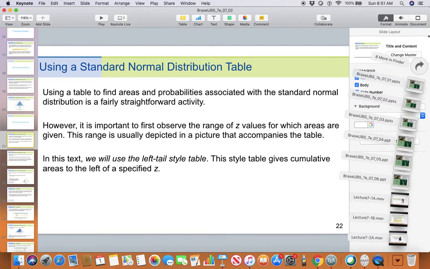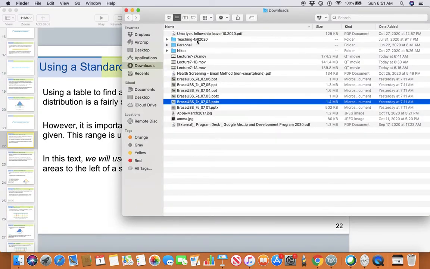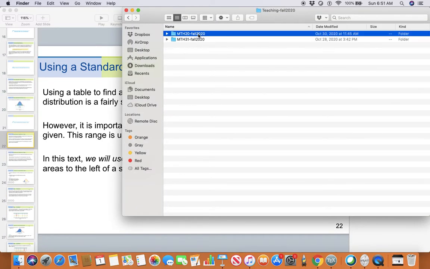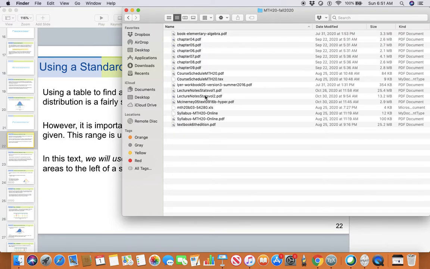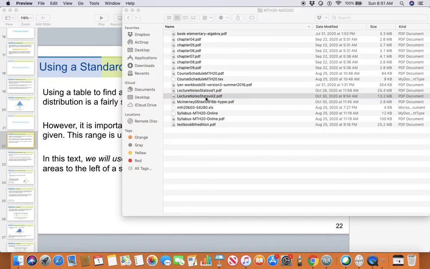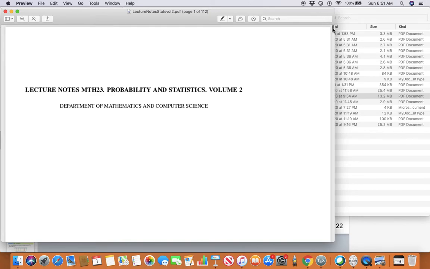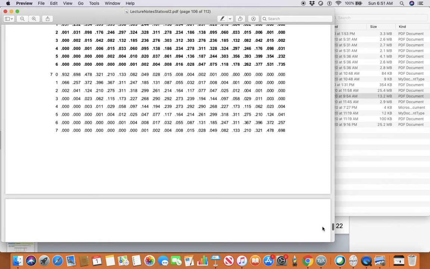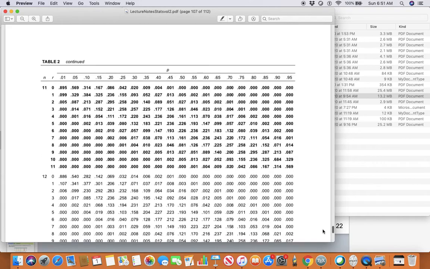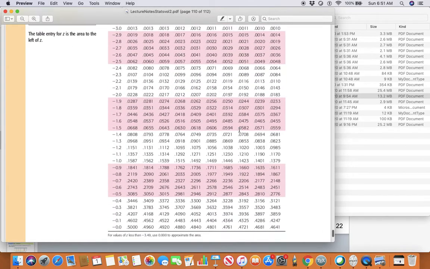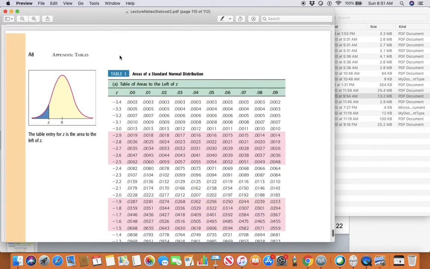So let's figure out what they are talking about. You're looking at the table. The table is available, mind you, at the end of our lecture notes, in both the volumes. All right. So here is table 3. These are the Z scores and these are the areas.